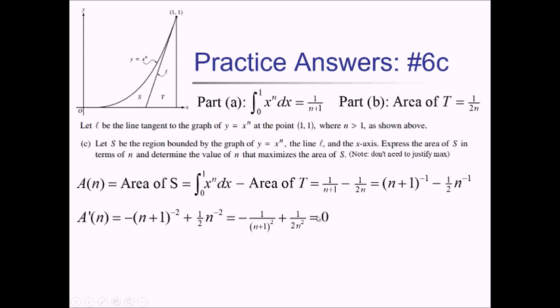if I multiply everything by n plus 1 squared and 2n squared, I end up with negative 2n squared here plus n plus 1 squared over here, and that's all going to equal 0. So I just multiplied by the common denominator of n plus 1 squared and 2n squared.